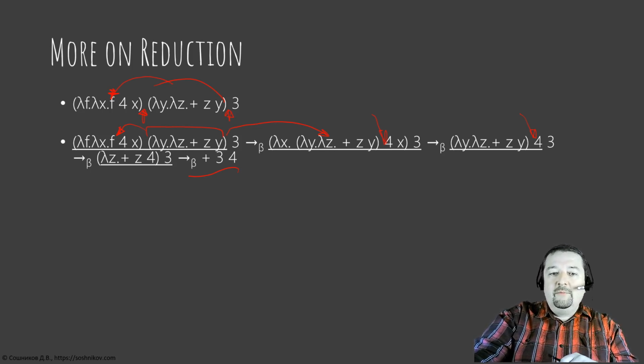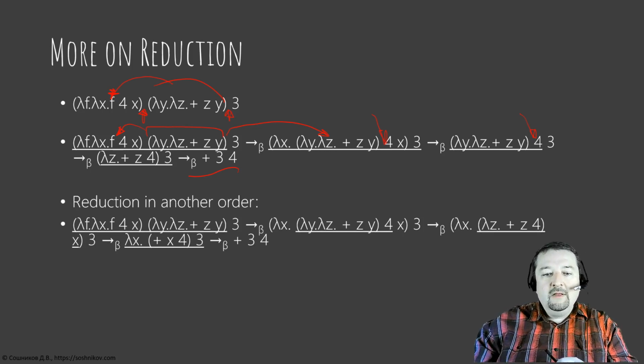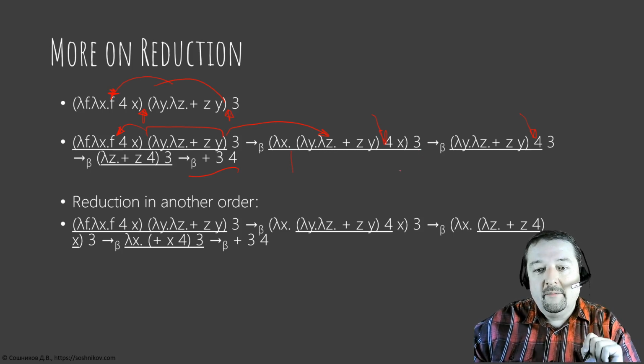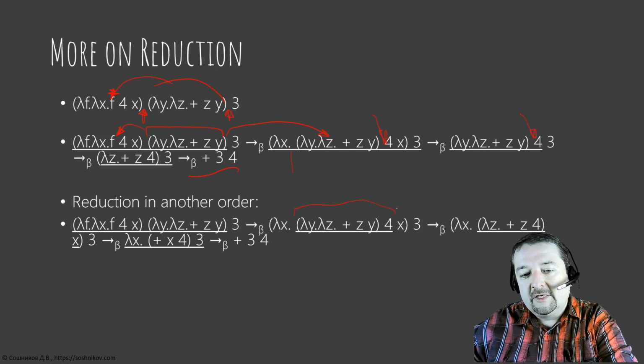However, because I have several applications, I can also start with a different application in the first step. So what I can do here, the first step would be the same, but then when I arrive at this step, instead of taking this whole expression and applying beta reduction to the whole expression, I can apply beta reduction to this inner expression, right?